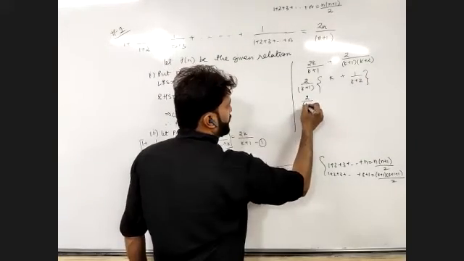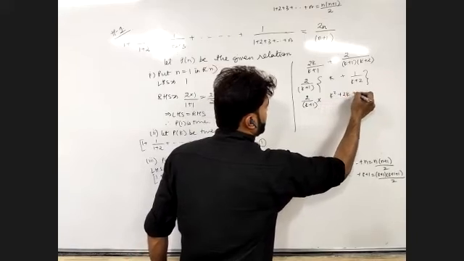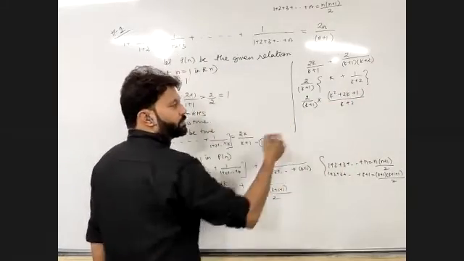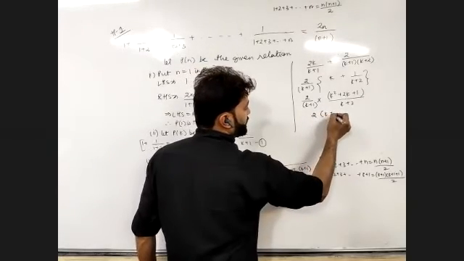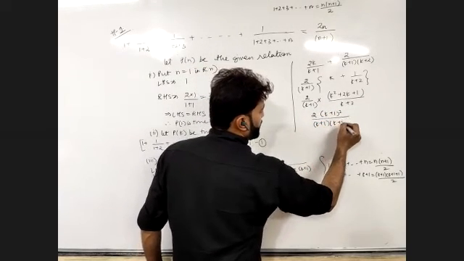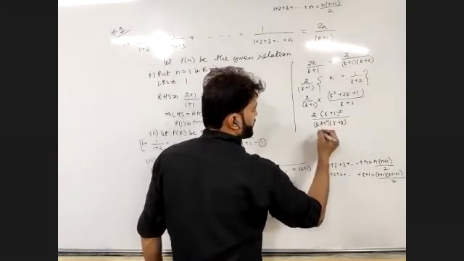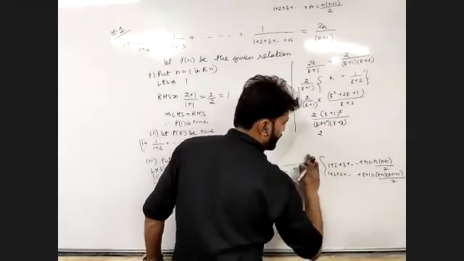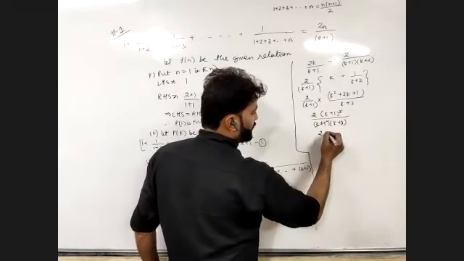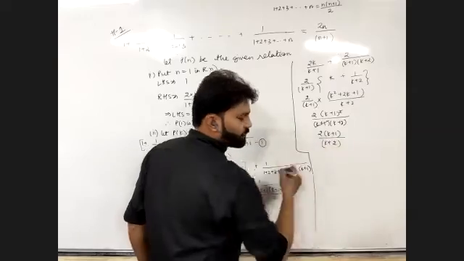So this is 2 upon k plus 1 into k square plus 2k plus 1 whole upon k plus 2. k square plus 2k plus 1 can be written as k plus 1 whole square, k plus 1, k plus 2. Now this one and this one cancelled. So we are getting 2 into k plus 1 whole upon k plus 2.